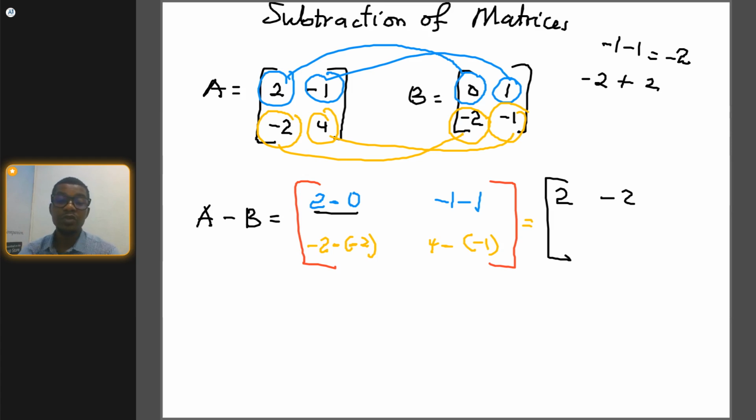So we have -2 plus 2, which gives 0. 4 minus in brackets -1, minus times minus gives plus, and that will be 4 plus 1, which is 5. So the subtraction of the matrix resulted in another matrix, which is 2, -2, 0, 5.